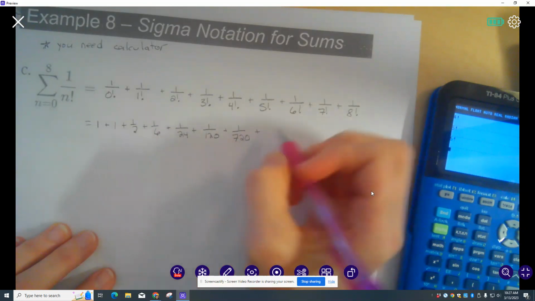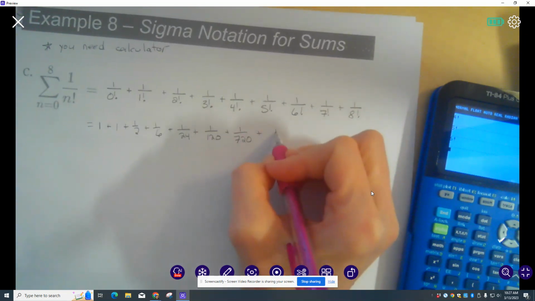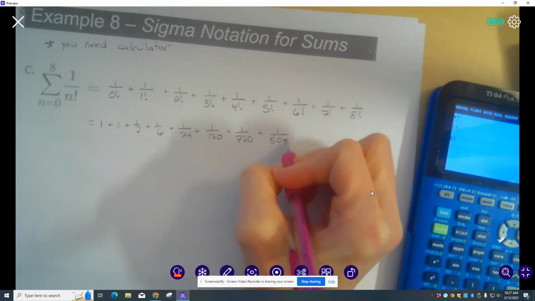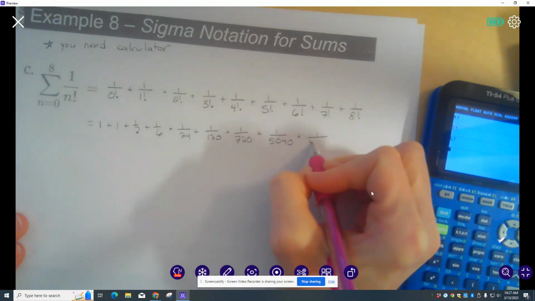So you can do some of those on your calculator. Let's see, 1 over 7 factorial is 1 over 5,040.